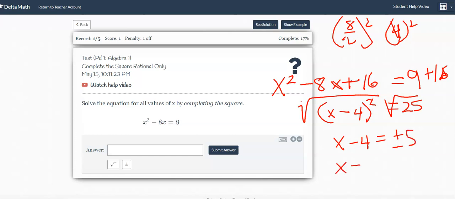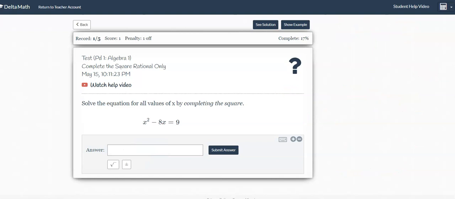And now I'm going to add 4 to both sides. So I'm going to get positive 4 plus or minus 5. And that's going to give me a negative 1 and a 9. So negative 1 and 9 is what I'm going to write here. Negative 1 and 9, with a comma in between.